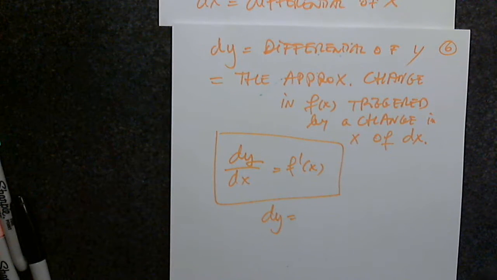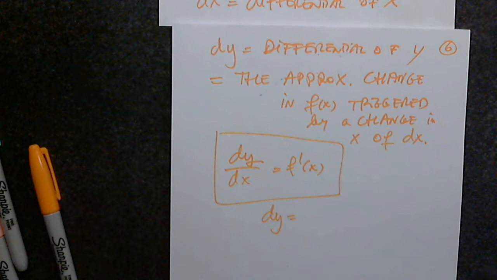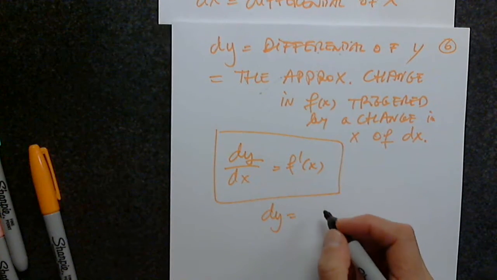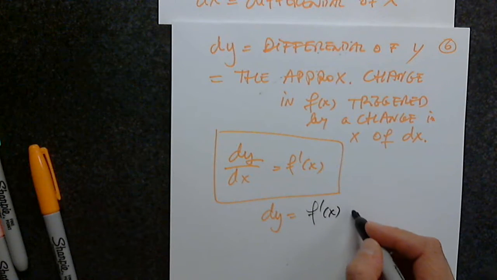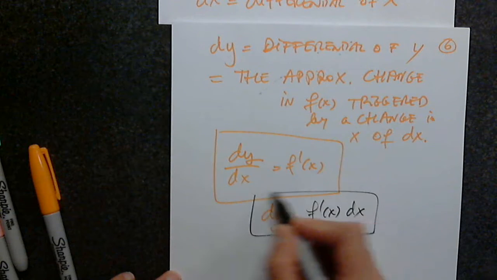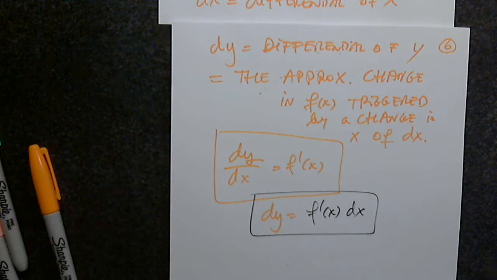So can anyone give us the formula for the differential of y? Excellent. It's just that we write it f prime of x dx. Indeed. Does it matter? No, it doesn't. But we will see later in chapter 5 why we have to keep it in this order.